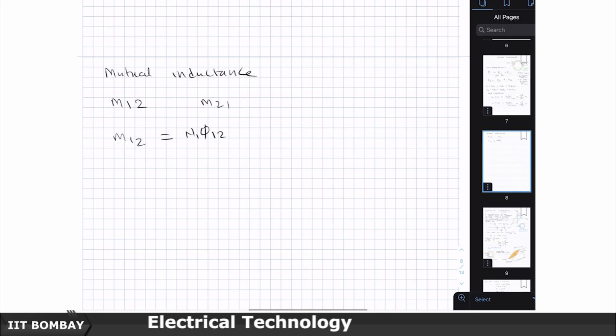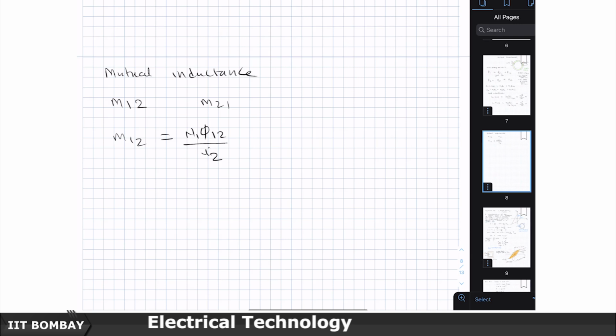So M12 in this case is going to be N1, times the flux phi12 which is linked with the coil 1, created by the current in the coil 2, amplified by N1 the number of turns on the coil 1, and this is to be divided by the cause, which is the current I2 in the coil 2.